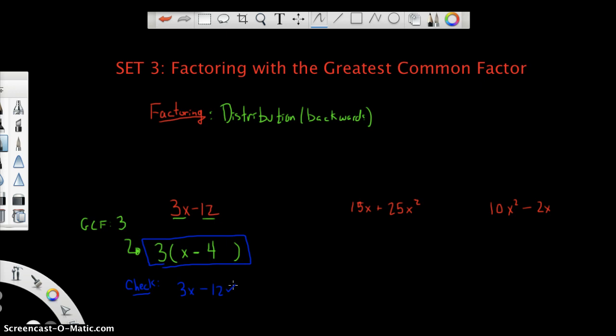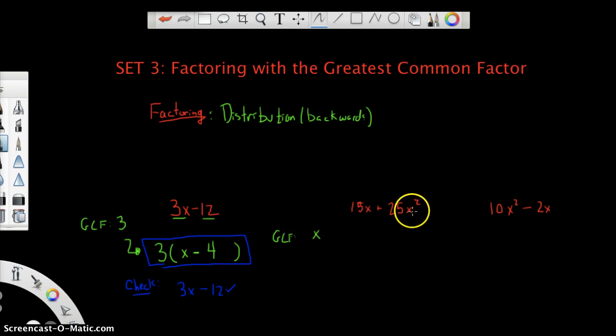Now let's think about a slightly more difficult example, and we always want to start by identifying that GCF. So I have 15x plus 25x squared. I know that I can factor out an x, because this has an x to give.